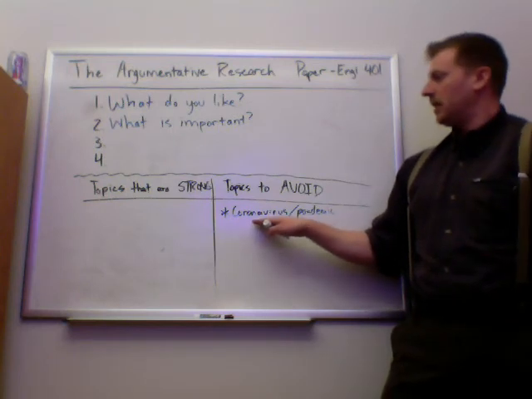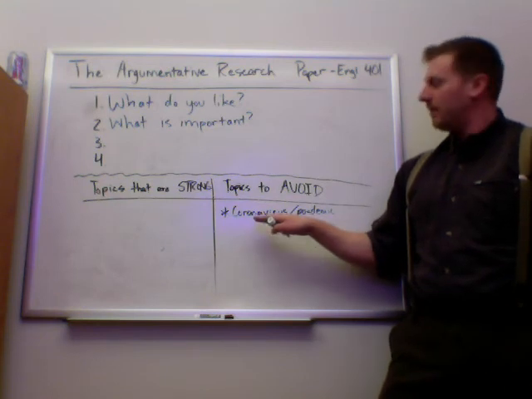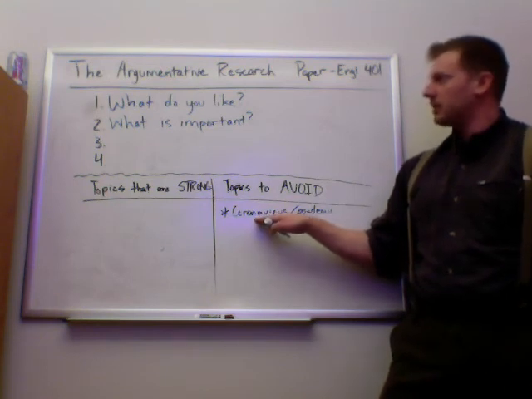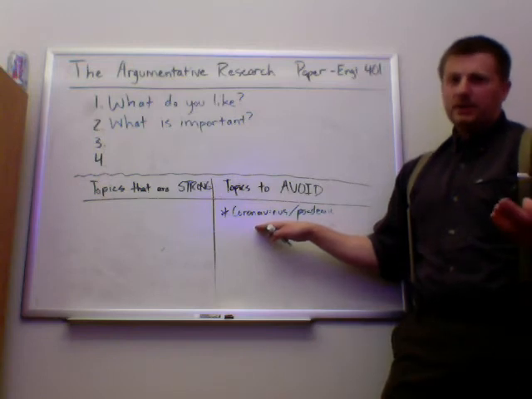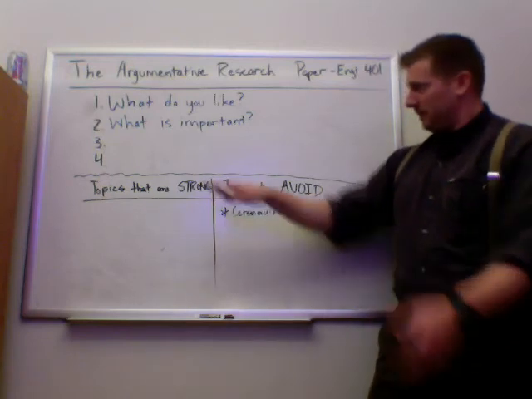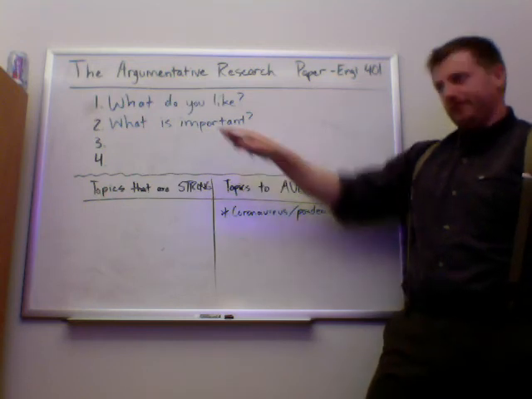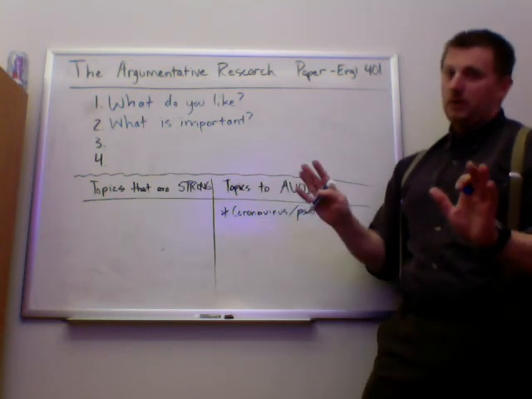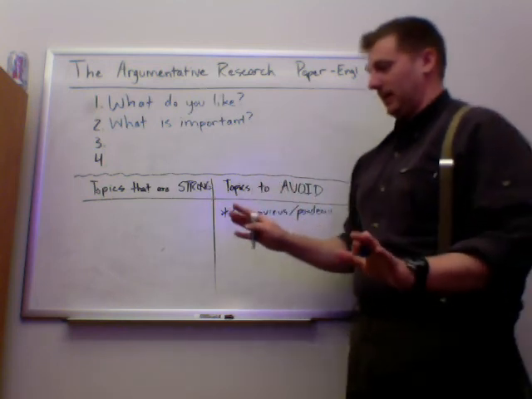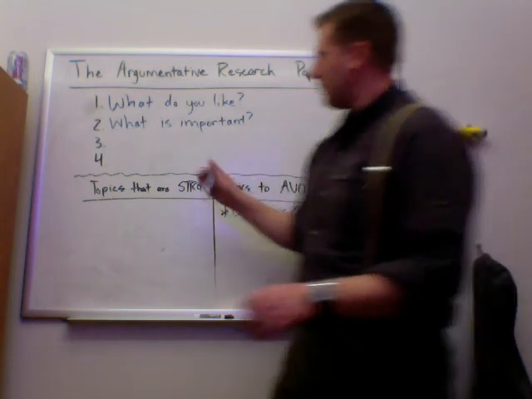So please, I'm not going to force you to avoid it, but I'm going to recommend avoiding this topic for your argumentative research paper, just for your mental health and for my mental health. Let's take a break and do something else, okay? So other than the pandemic, what is important right now, and if you want to write about it, I'll let you, but I'm just letting you know that I think it's important to take a break.